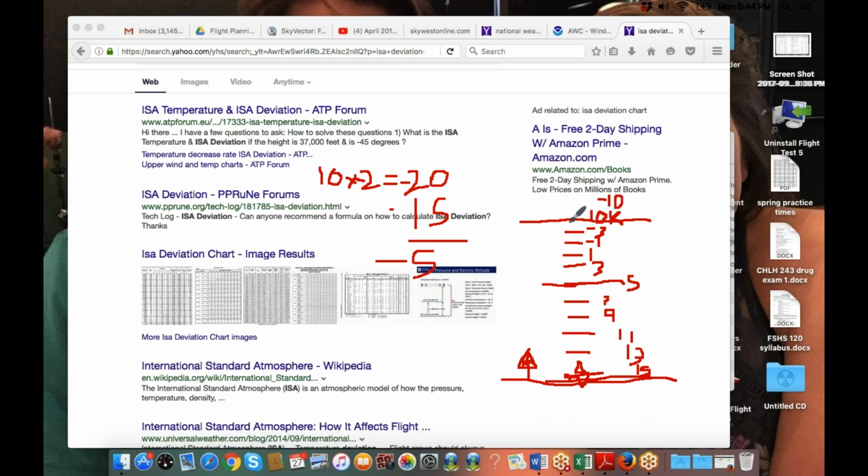Our ISA deviation is how far away negative 10 degrees is from negative 5 degrees. So when we're looking at these two numbers to figure out our ISA deviation, what we're trying to do is figure out what we need to add or subtract to this to get this.